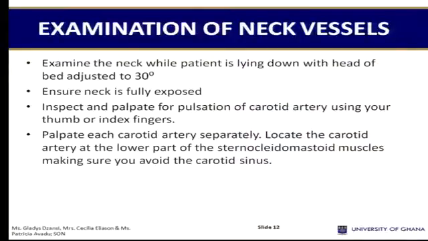You do not press on both carotid arteries at the same time. One carotid artery should be palpated at each time, and not both at the same time, because you will occlude the patient's arteries, and it can lead to emergencies in patients with heart problems.